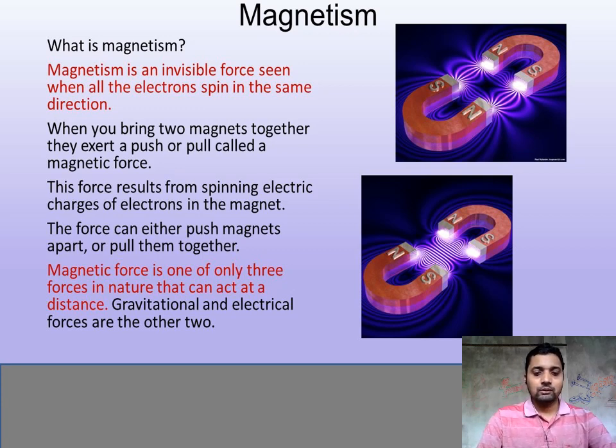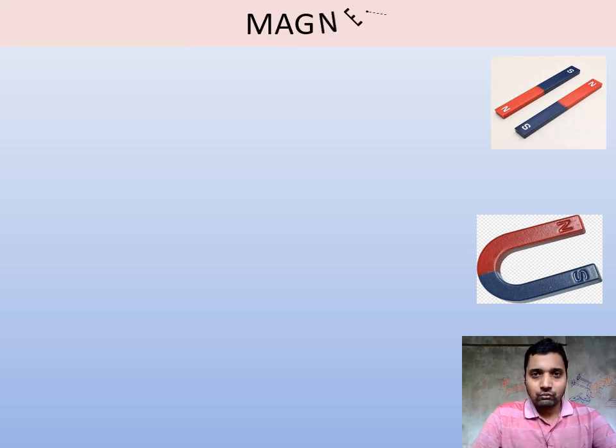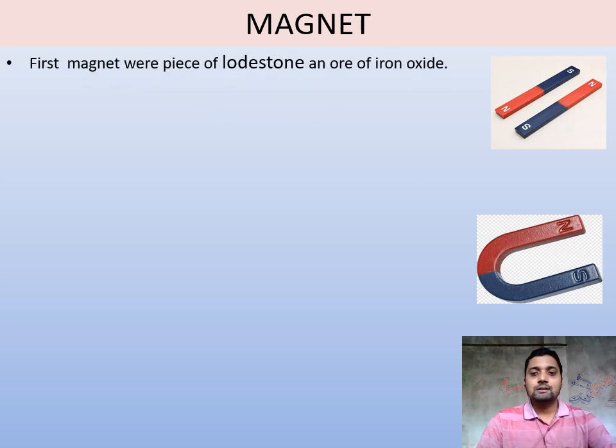So let us come to the topic, what is a magnet. A magnet is a type of substance which can attract a substance having the same property. And this magnet we first got from nature. The name of that is lodestone, which contains oxide of iron, Fe2O3, ferric oxide.